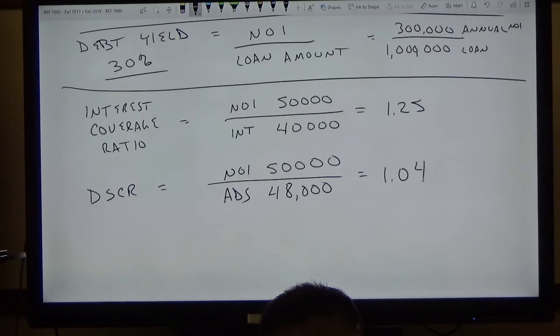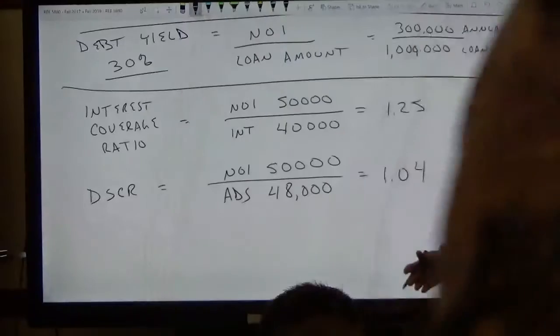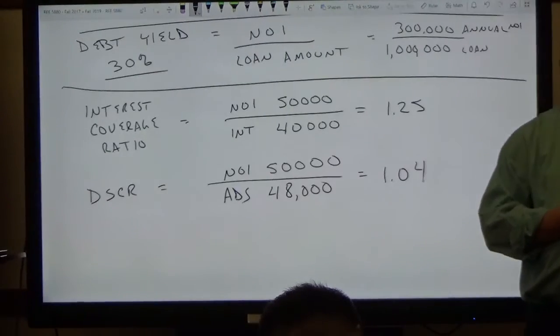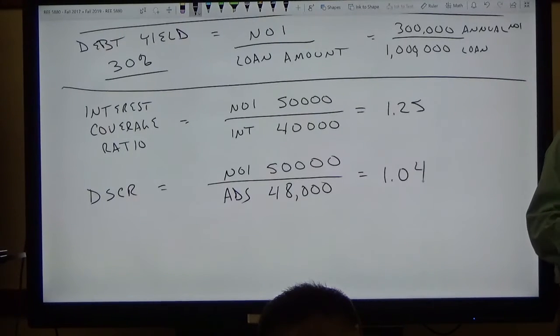Think of what would happen, and this has happened, specifically around the 2007 time frame, where a lot of loans were made. Let's say 2005. You get a commercial loan on a commercial property. Five years later, in 2010, what's the market like?